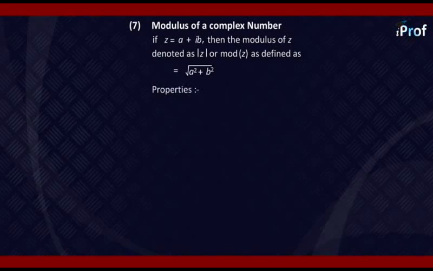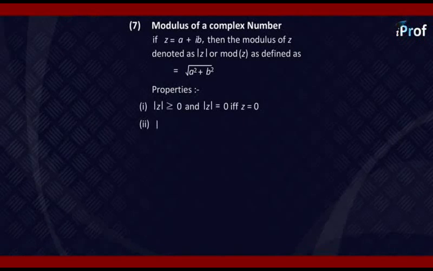Following properties follow immediately from the definition of the modulus of a complex number. First, mod z is greater or equal to 0 and is equal to 0 if and only if z is equal to 0. That means real part is 0, imaginary part is 0.